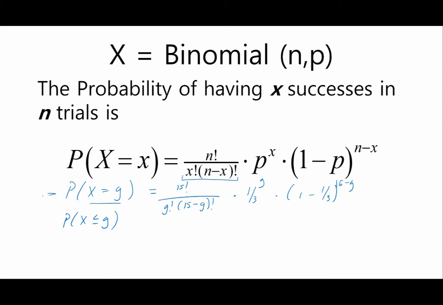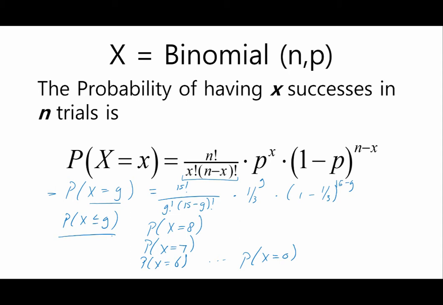Well, it takes this first probability, the probability of x equal to 9, and then it adds to that the probability of x equal to 8, the probability that we're going to get 7 reds, plus the probability of getting 6 reds, and so on, all the way through to the probability of getting no reds, adds those all up, and that's the probability of 9 or fewer reds out of 15 draws.